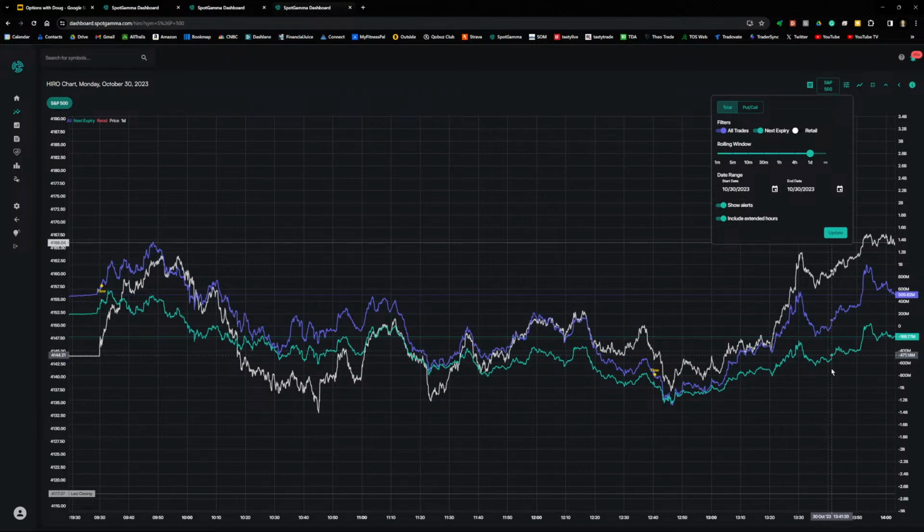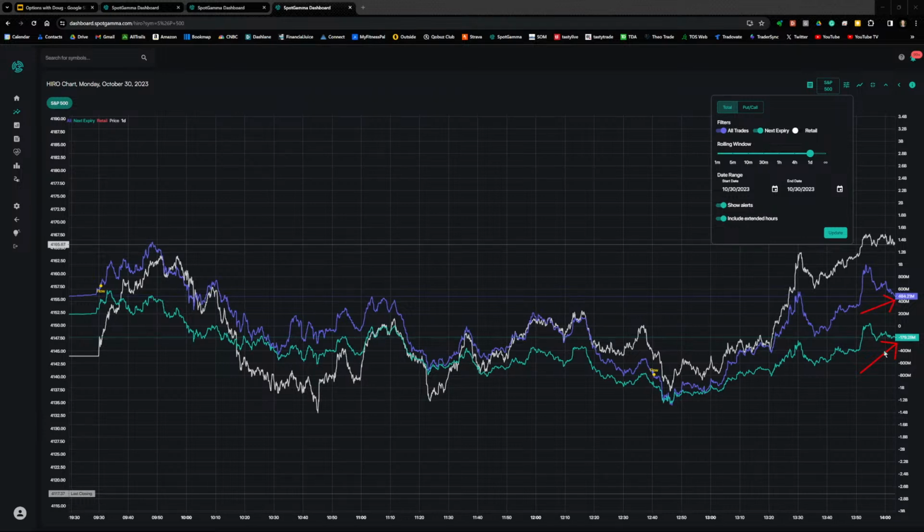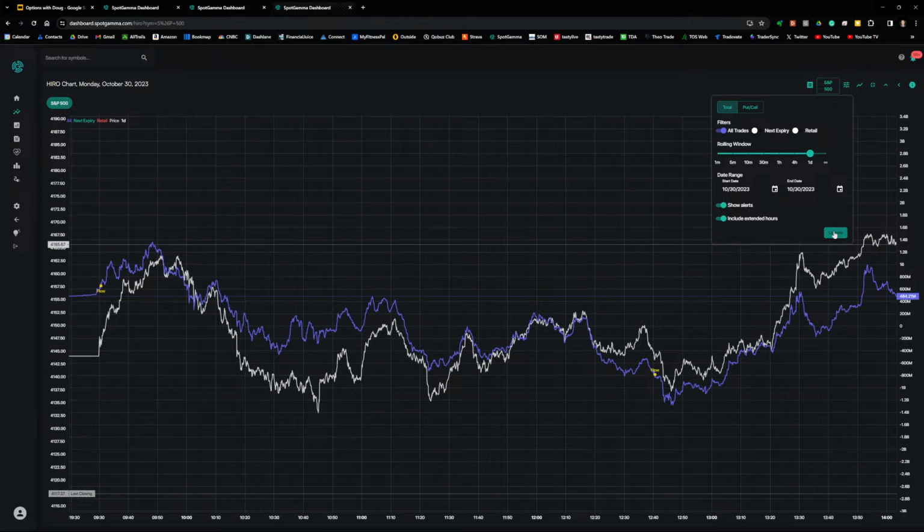That's shown by the green line, and I'm looking at the notional value here. So really traders are taking options positions that expire further out than today. That's shown by all trades by the purple line. So that just adds a little bit of additional context.